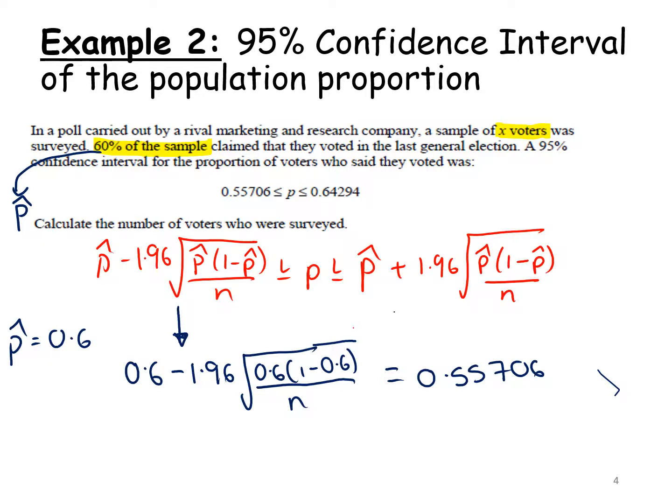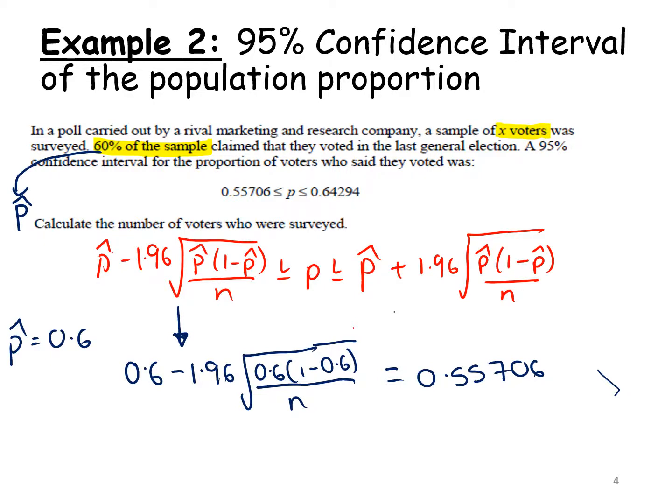Now, we did a similar example with regards to a confidence interval of the proportion mean, where we actually subtracted the numbers and just worked with the extra plus or minus piece. Absolutely fine to do that here as well. However, because we know p hat, it is just as easy to work through without any subtraction.